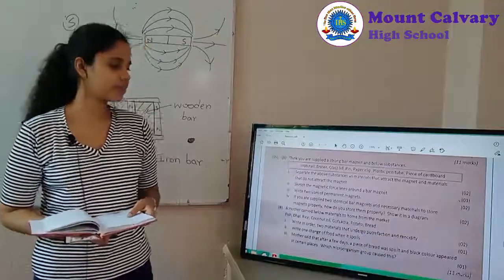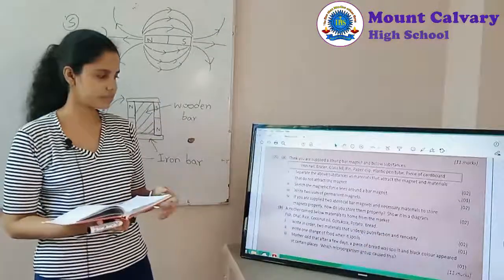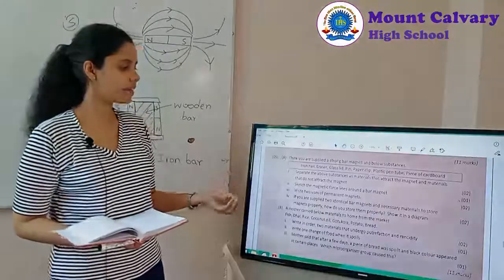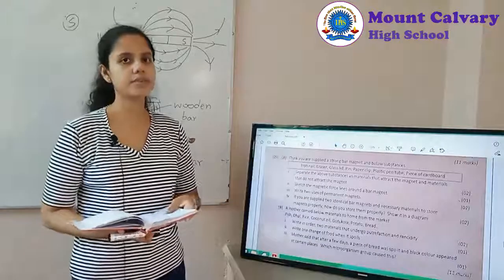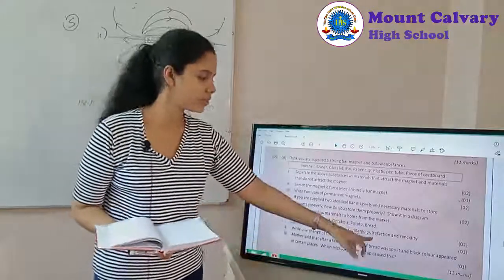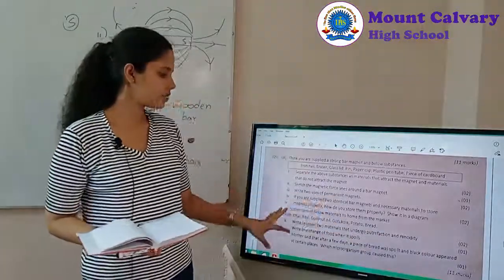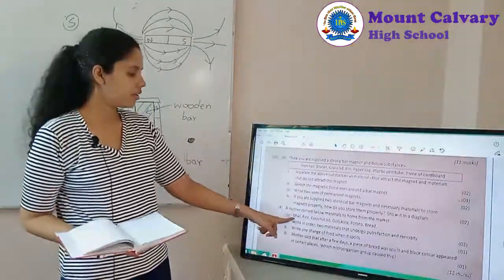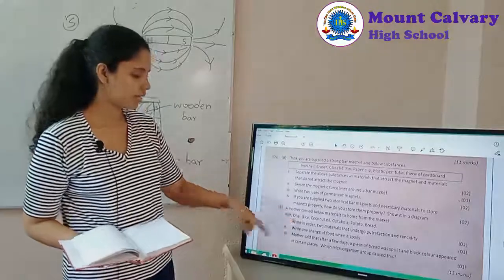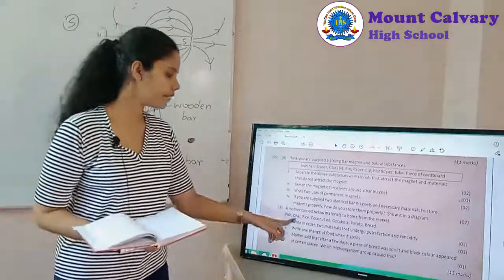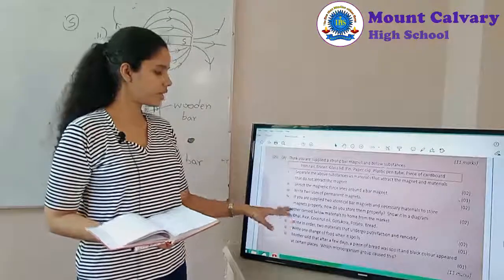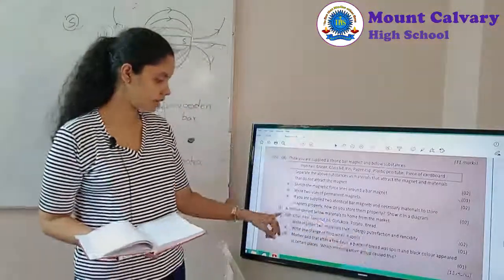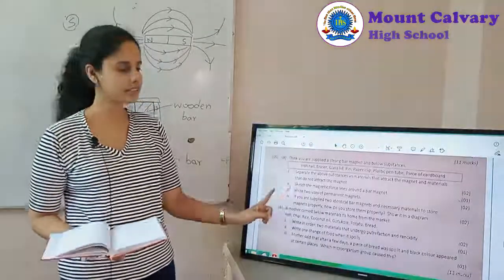Now putrefaction means what? That means if you take protein food items, if microorganisms react with protein food items, we call that process putrefaction. So what are the food items here which contain protein? You can see here dal contains protein, right? Then fish contains protein. So the two food items here that undergo putrefaction are fish and dal.